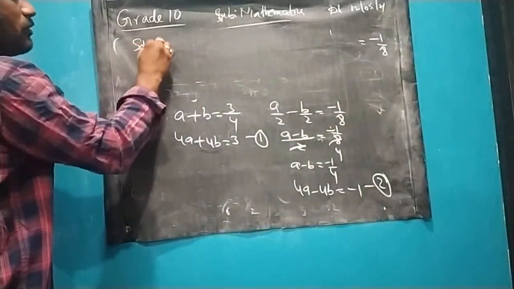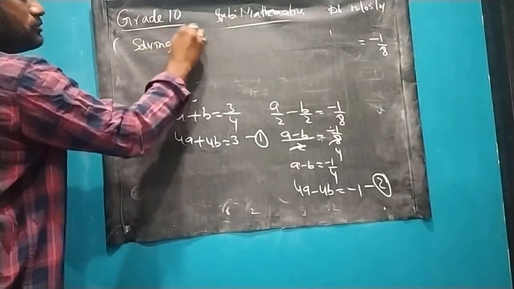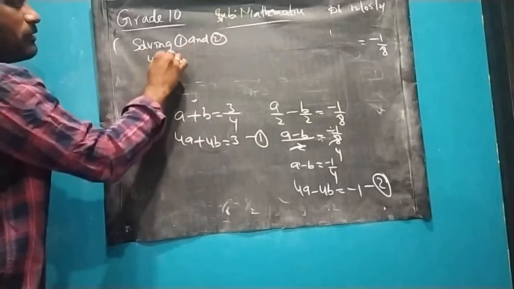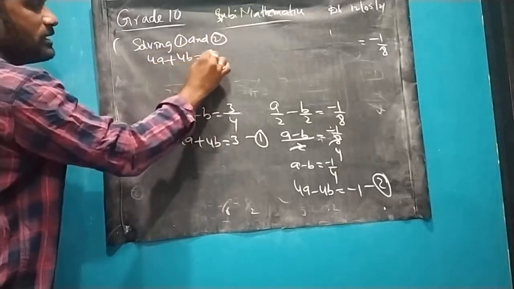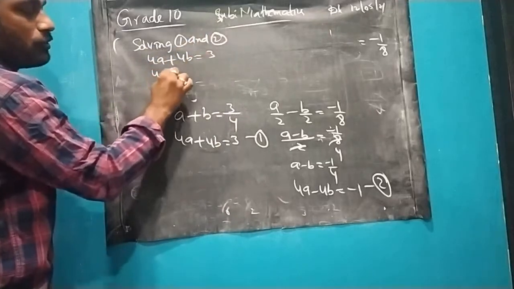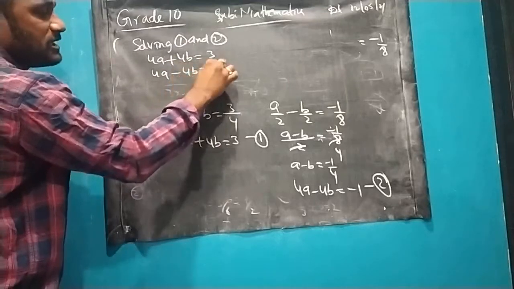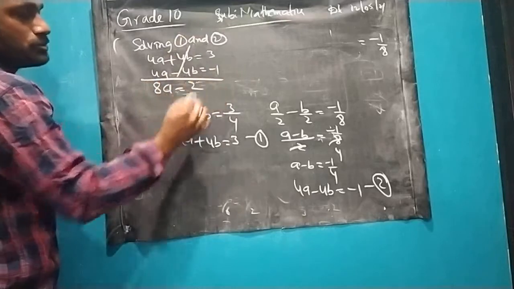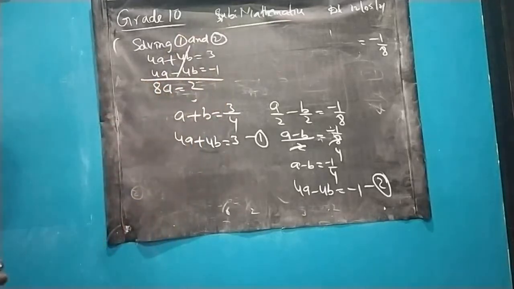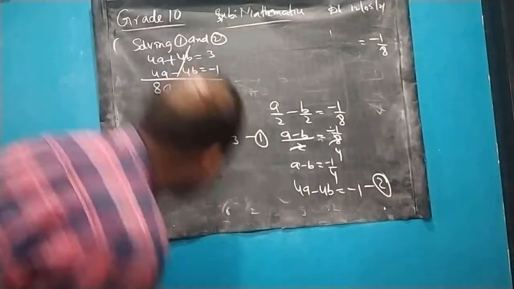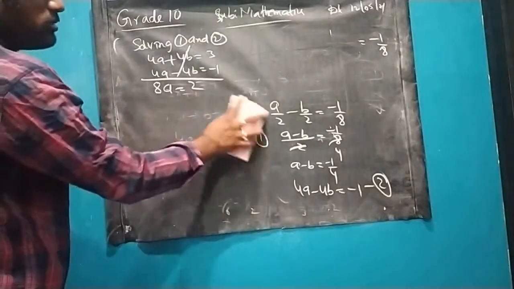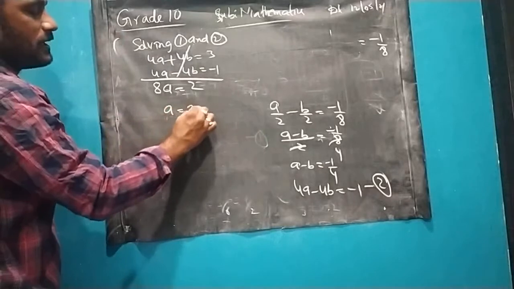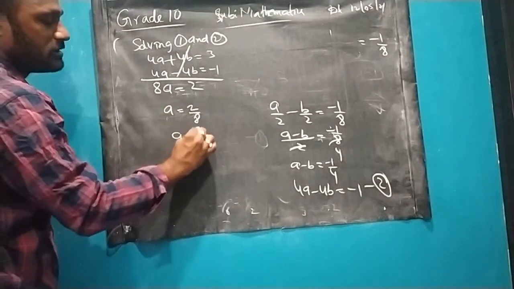So solving 1 and 2, 4a plus 4b is equal to 3, 4a minus 4b is equal to minus 1. These two get cancelled. 8a is equal to 2. So a is equal to 2 by 8. A is 1 by 4.